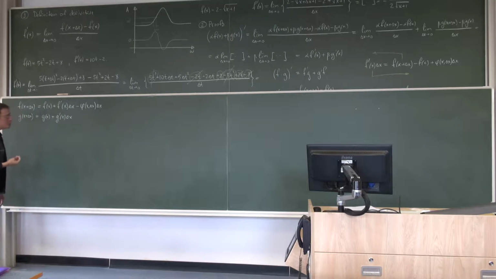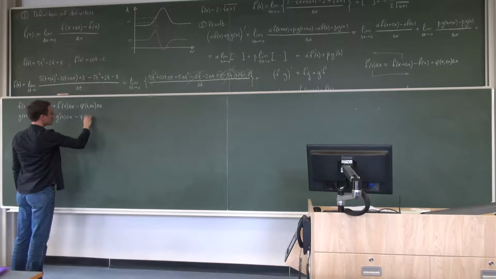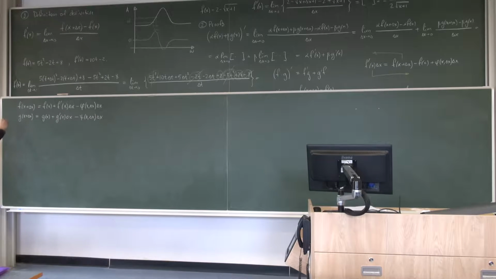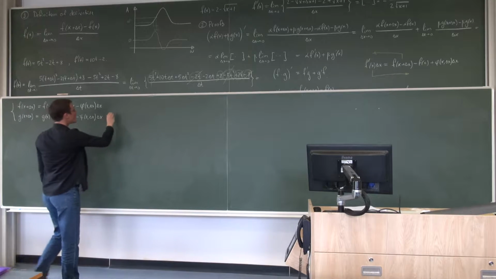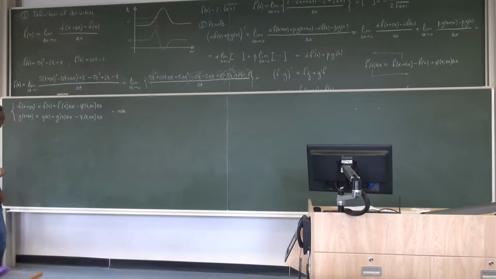And because g is a different function, it will have a different correction term. We will call it ψ(x, Δx) times Δx. Alright, that is preliminary, and for now we simply need to note that this exists.